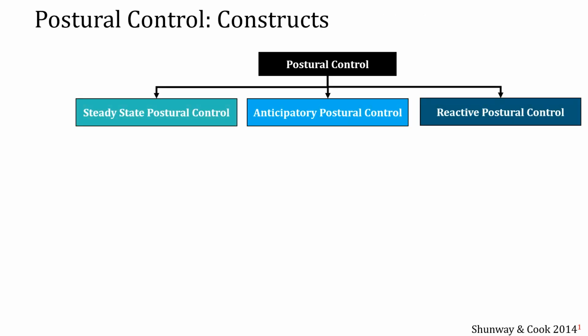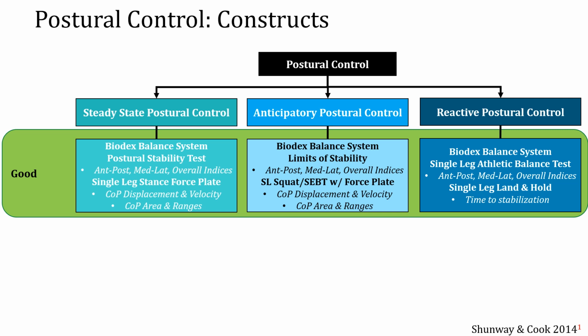Okay, so when we consider the different domains, the steady state, the anticipatory, and the reactive postural control, what are our assessing tools that we can utilize that would meet certain standards? The biodynamics balance system for postural stability testing, limits of stability, as well as single leg athletic balance, so if you have availability to that balance assessment, you can assess all domains.